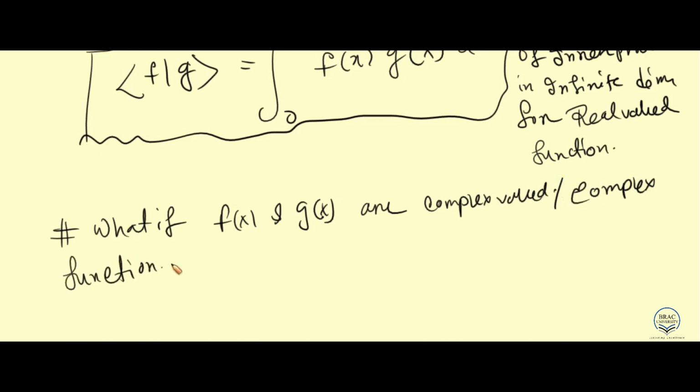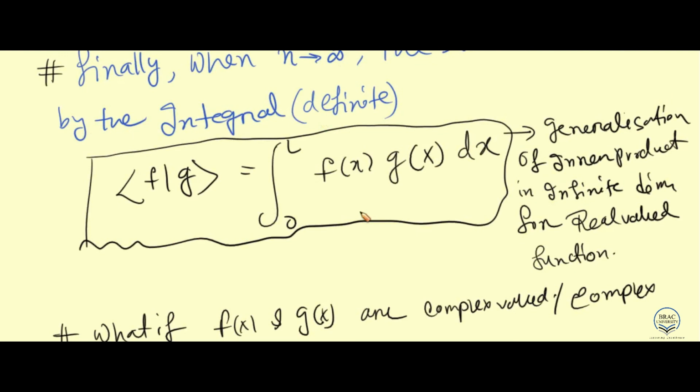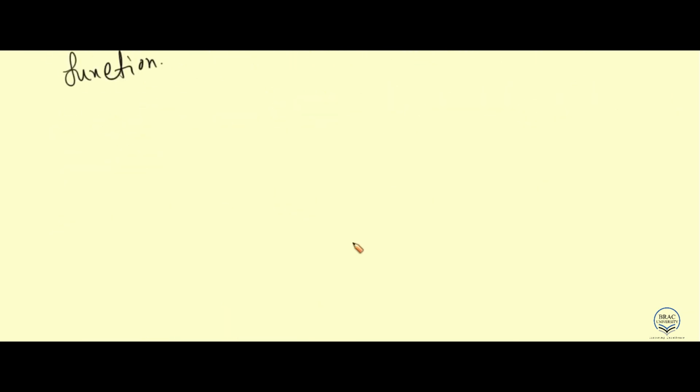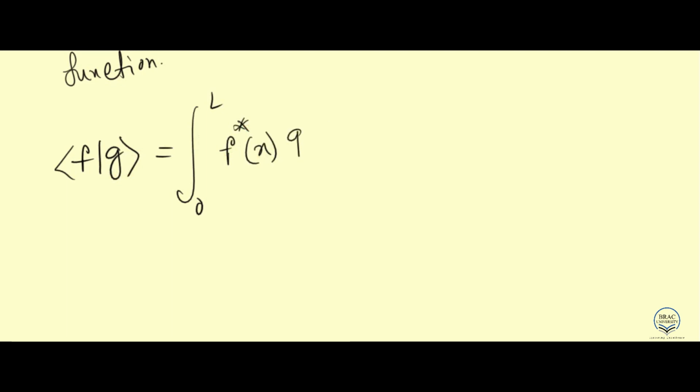The idea will be the same as for real valued functions, but now you will have this integral just like before, and instead of f you will have f star, the complex conjugate of this function, and g of x, then dx.